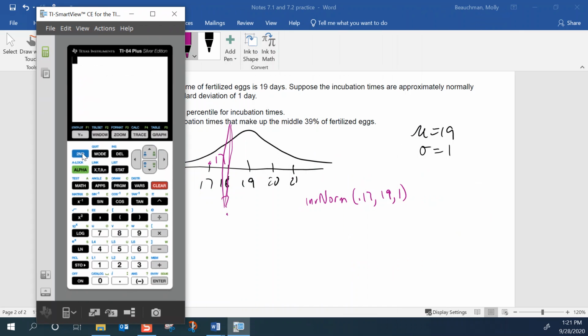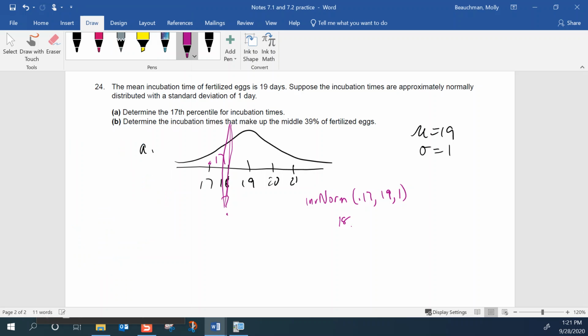Okay, so we get inverse normal, area of 0.17, mean at 19, standard deviation of 1. We're going to paste. 18.05. So the 17th percentile is 18.05 days.